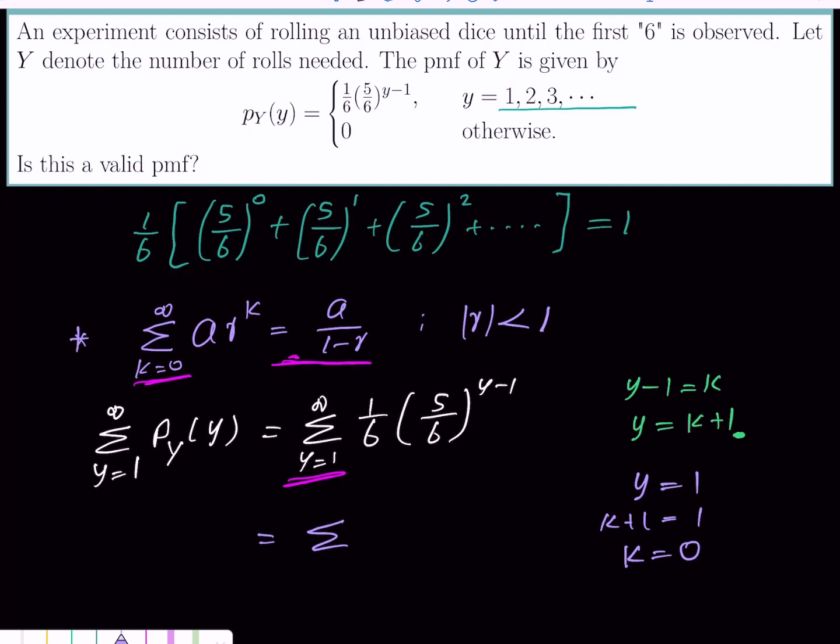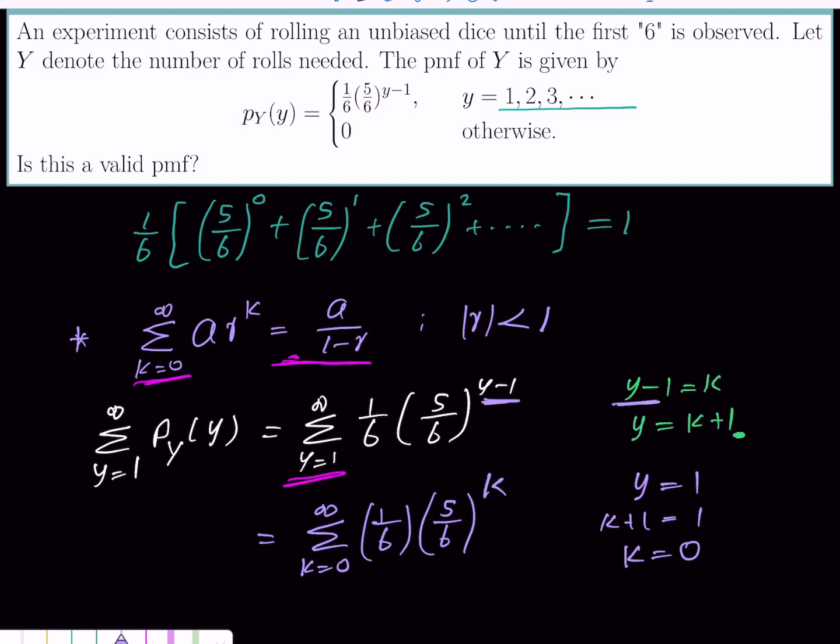Now you can put here k equals 0, or you can use any other letter, m, n, whatever you like, to infinity, and 1 over 6. In this case you see 5 over 6 is fine, but y minus 1 equals k.